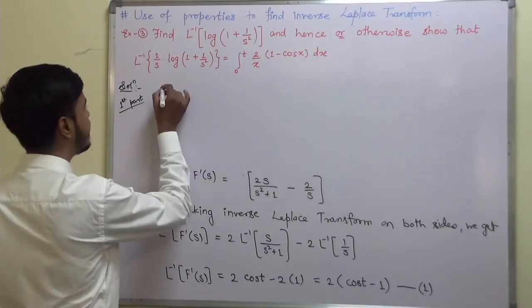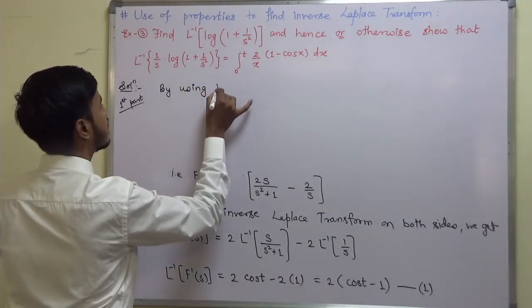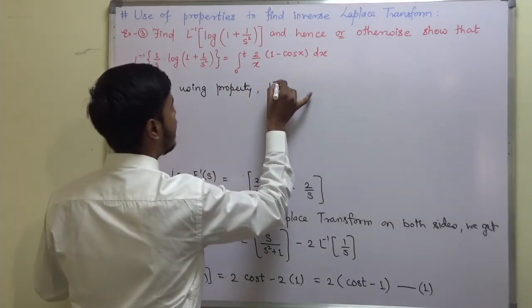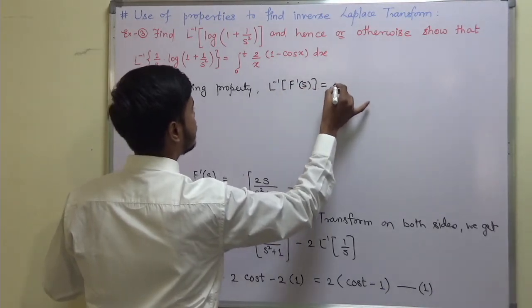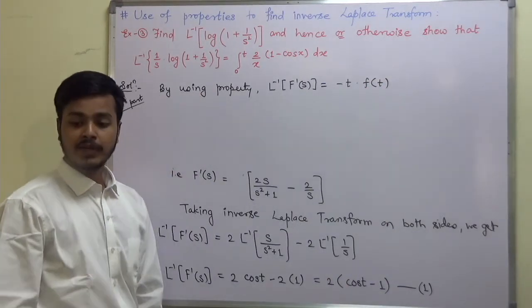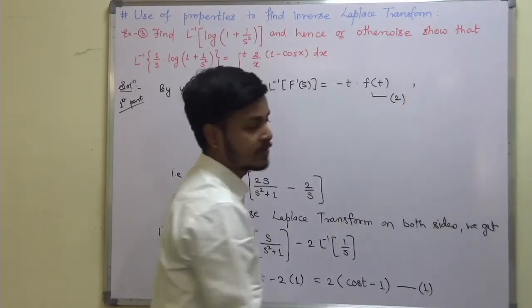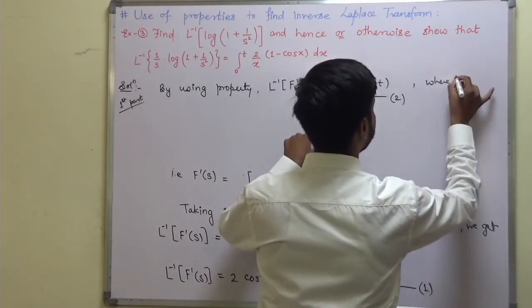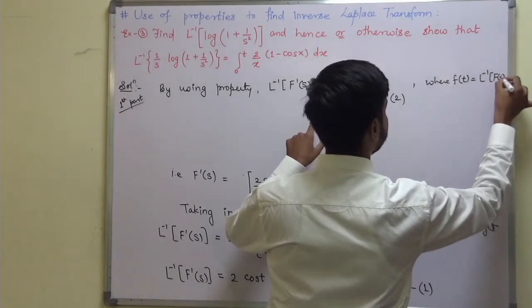So using the property, L inverse of F dash of s is equal to minus t into f of t. Say this is number 2, where f of t is L inverse of F of s.